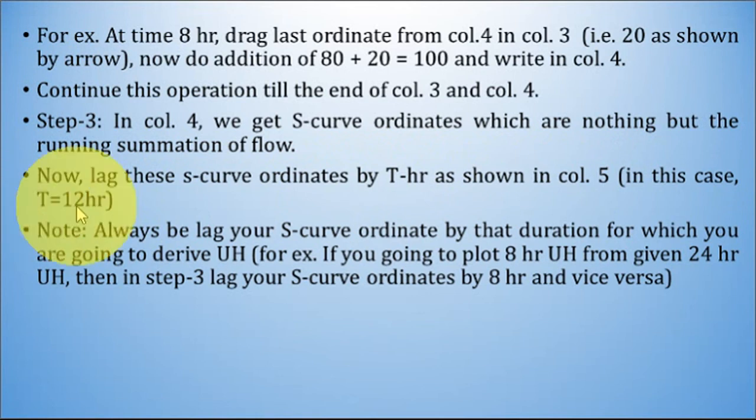In this case t is equal to 12 hours. Note, always lag your S curve ordinate by the duration for which you are going to derive the unit hydrograph. For example, if you are going to derive an 8-hour unit hydrograph from a given 24-hour unit hydrograph, then in step number 3 lag your S curve ordinate by 8 hours, and vice versa.